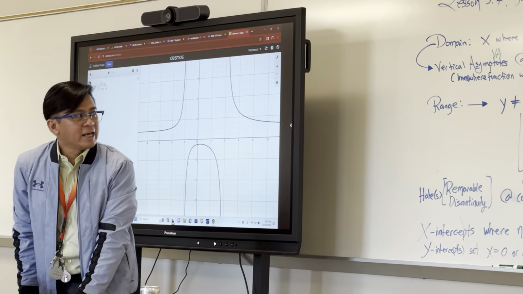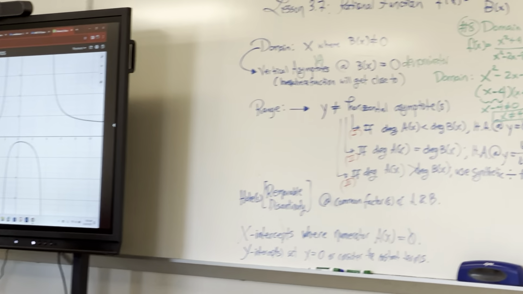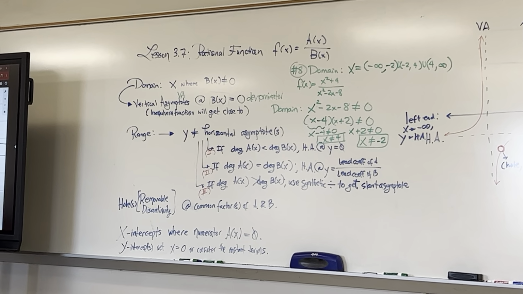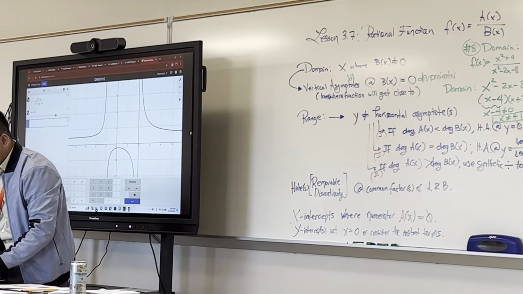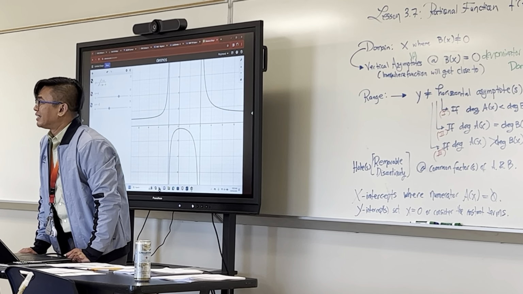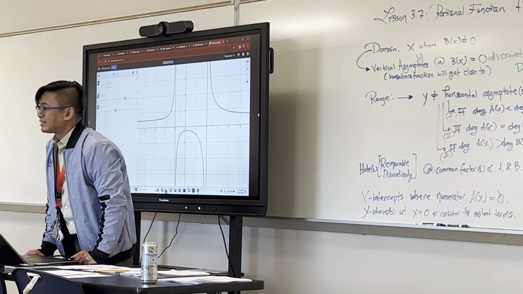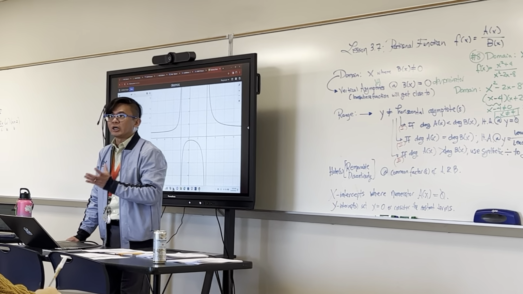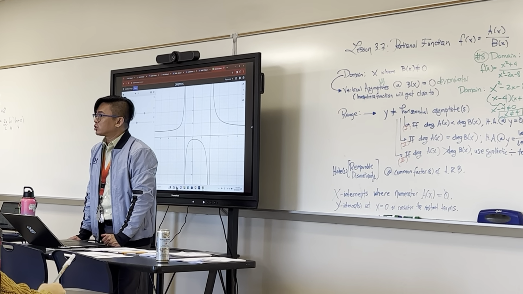Where are your VAs, your vertical asymptotes? Well, it says at x equals 4, see that one in red? And at x equals -2, you see that one in blue? Get it, guys? So what is your domain? Your domain basically is all real numbers except those vertical asymptotes.